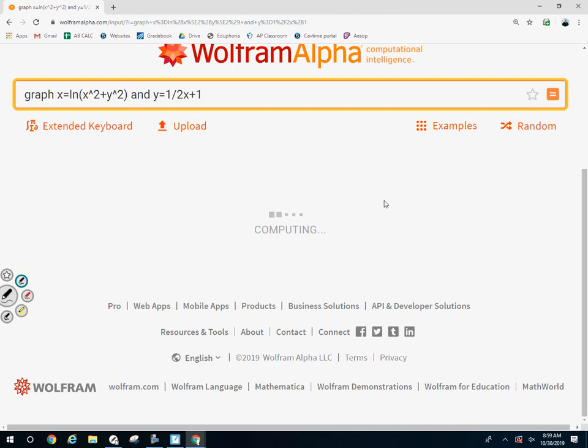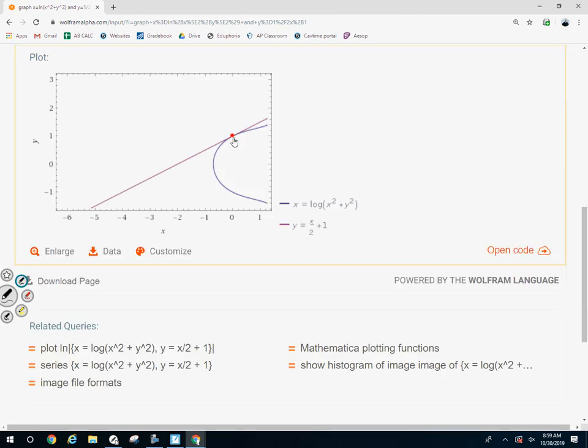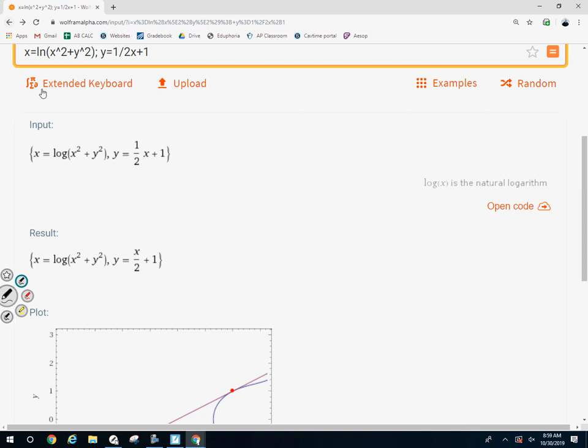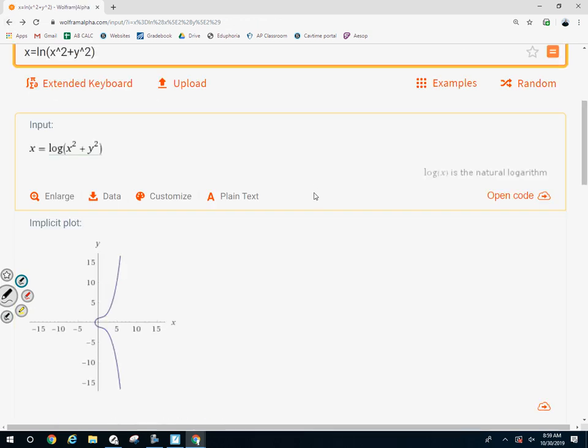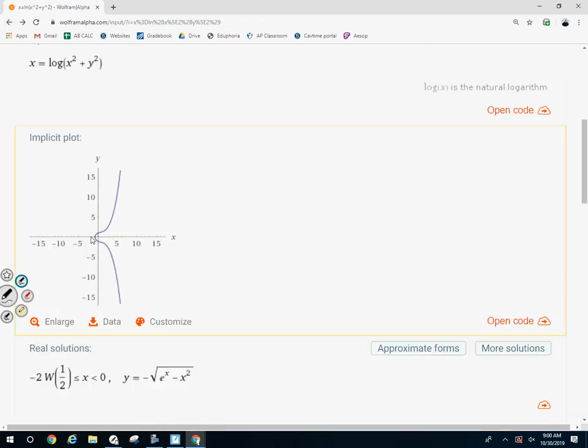Doesn't have it. Oh, yep. Yes! Sweet. There it is right there. And 0, 1, that was right in this spot of this little graph.